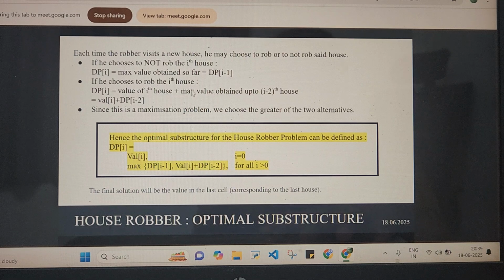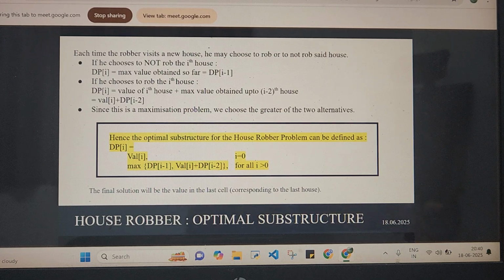Now for the rest of the houses, we have to come up with our optimal substructure as usual. So here if you look at this problem, you will see that in a way it is very similar to your coin change problem. So in the coin change problem, at every step you had two options: either you pick that coin or you don't pick it.